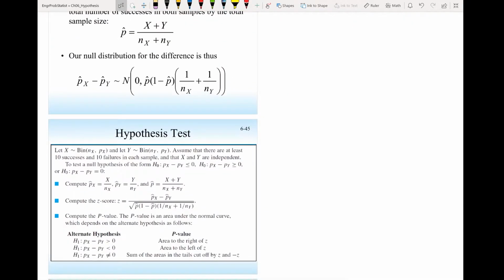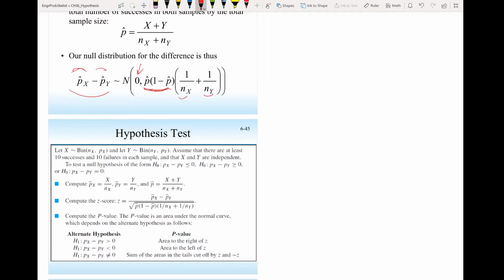So that's what we just said. Now, pX, pY, if the null hypothesis assumes these are the same, then the mean will be 0. And the variance, instead of pX divided by nX and pY divided by nY, now I use the pooled.